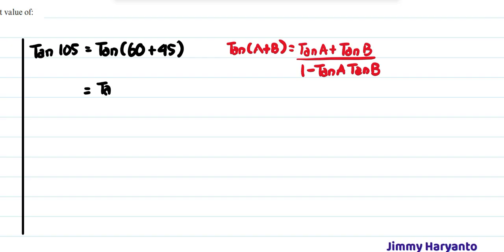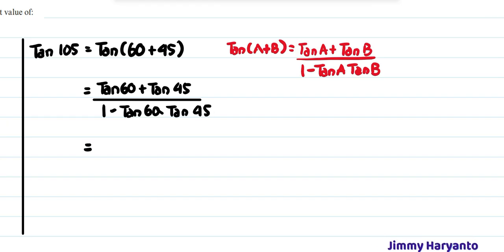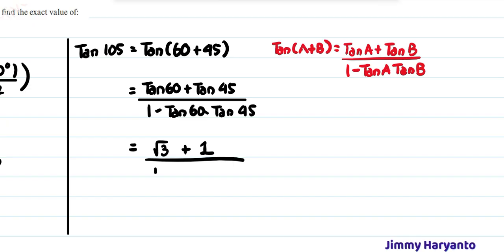So the first one is tangent 60 plus tangent 45 divided by 1 minus tangent 60 times tangent 45. And then find the value of tangent 60. It will be square root of 3.